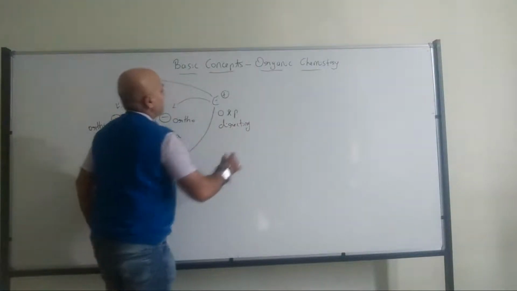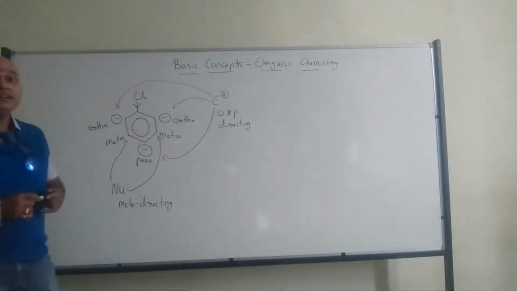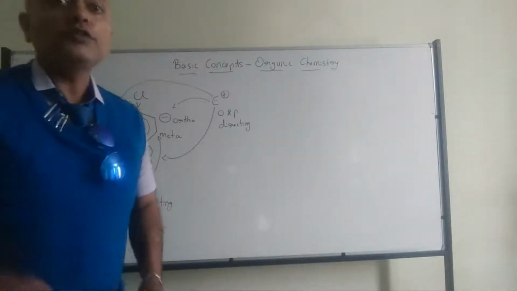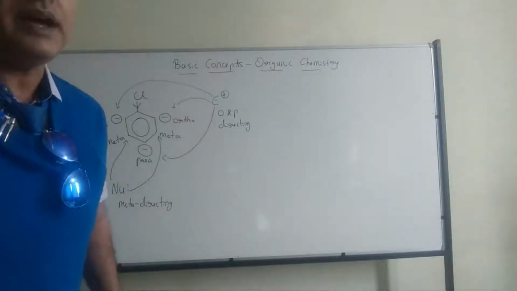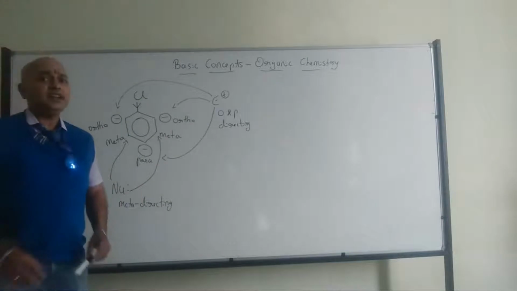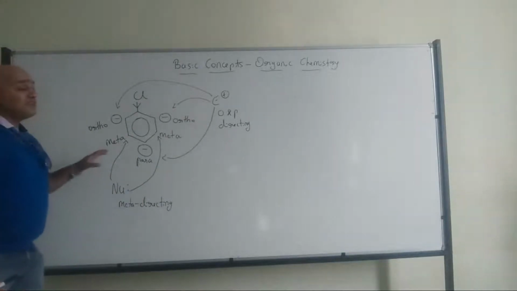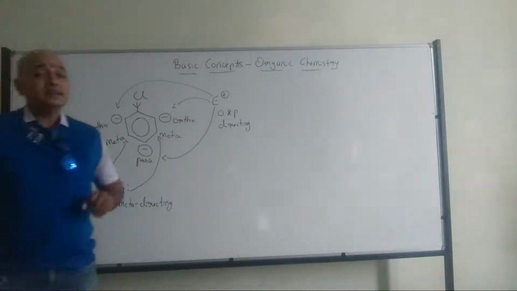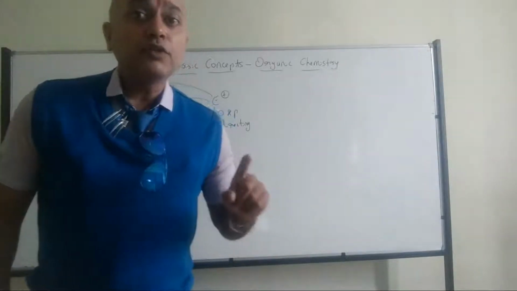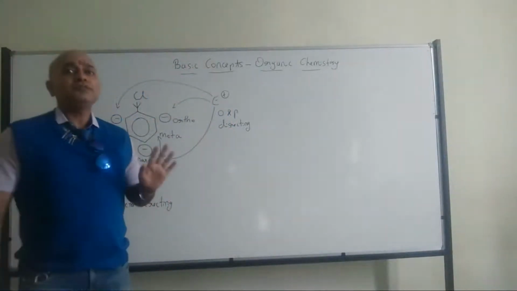Now please remember that when it comes to IUPAC nomenclature, we are not going to use the words ortho and para. You have to remember this one. Ortho, para, meta and all, we are not going to use when we are dealing with IUPAC nomenclature. In IUPAC nomenclature, we go with the numbers 1, 2, 3, 4, 5, 6.